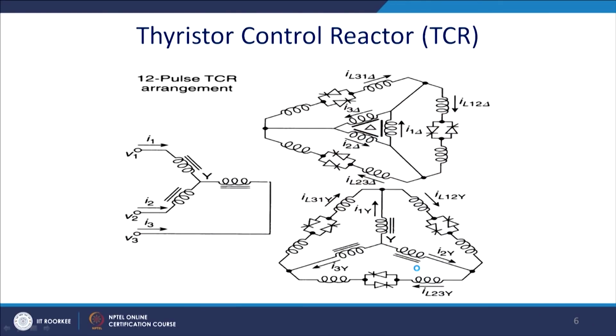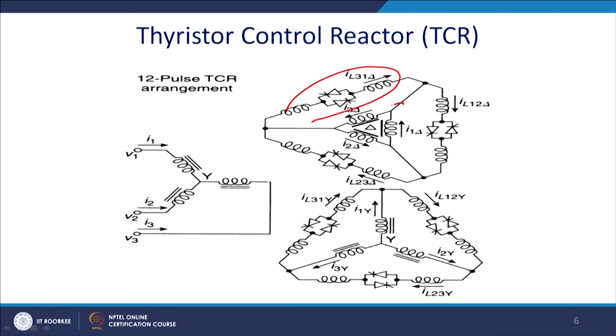So, this is the example of the 12 pulse TCR, and it will be an assignment for the online students to draw the circuit for the 24 pulse TCR. Essentially the upper part is the same and you will have an internal delta and you will have an internal star.